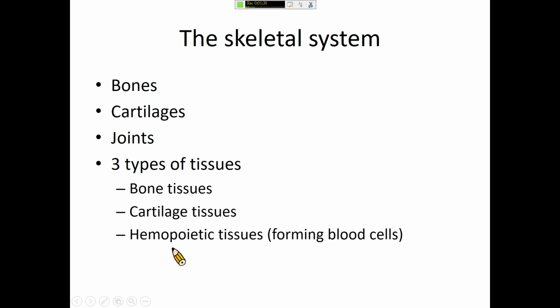And there's also something called hemopoietic tissues. Those are not hard at all. Usually within the bone. Okay, and these are the tissues that form blood cells.